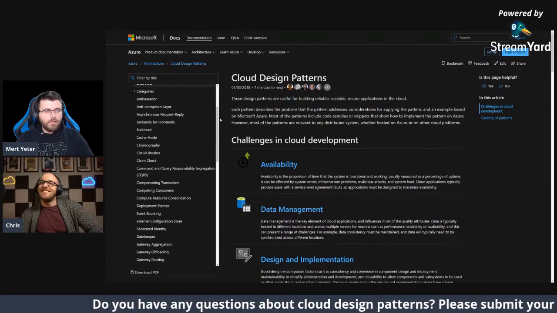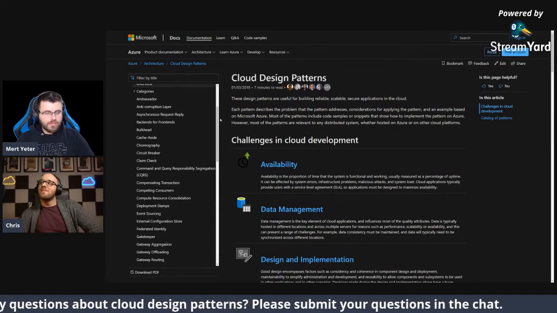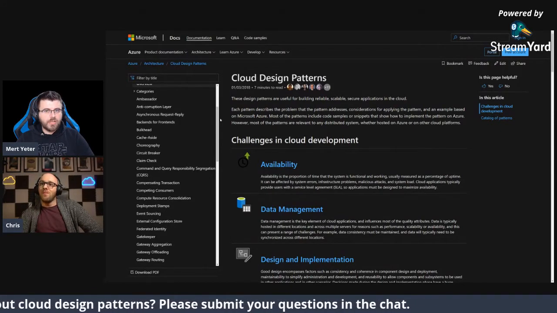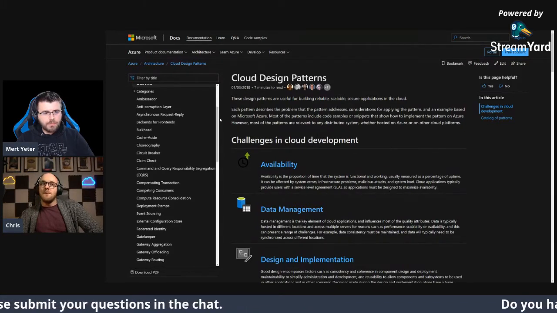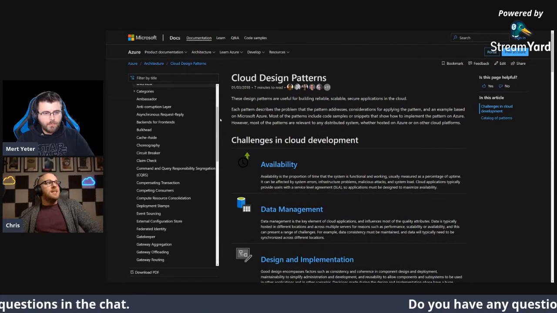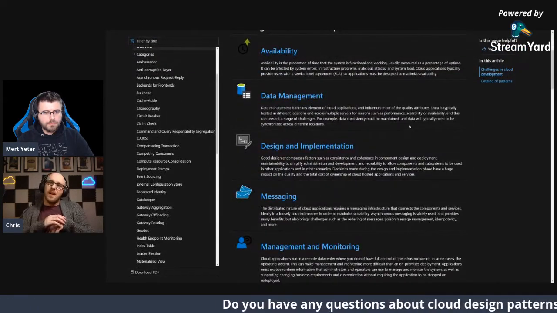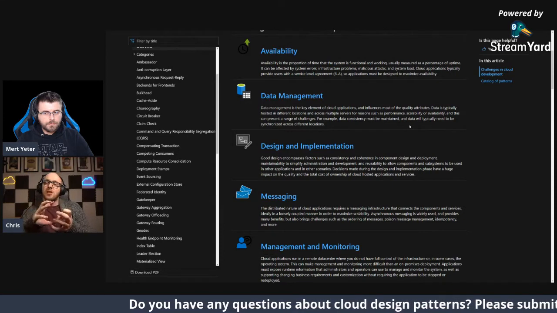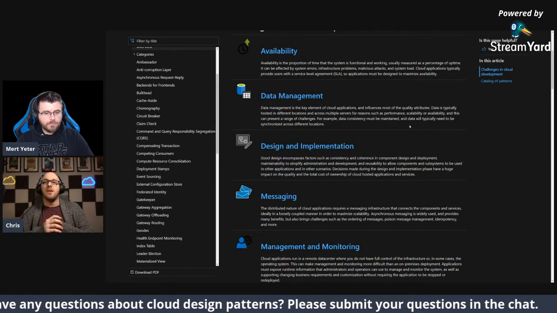Okay, I am working as a software architect, so there are three main groups of software design patterns: creational, structural, and behavioral. Are there any groups in cloud design patterns? Good question. If I scroll down a little bit here, I think it's probably to do with the non-functional requirements or the type of area that you're really looking at.